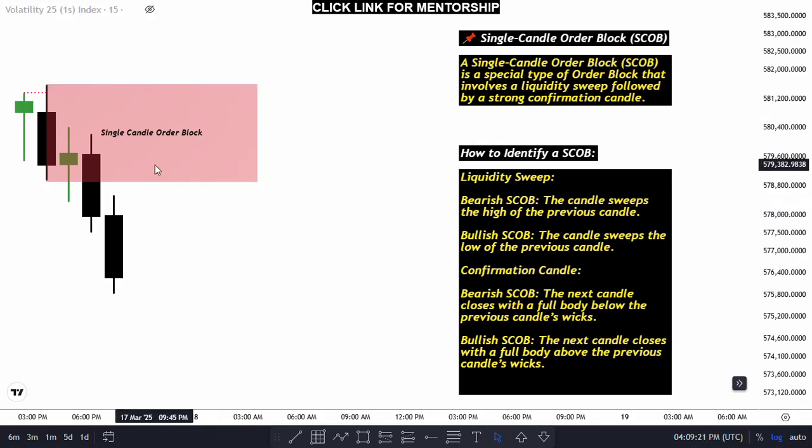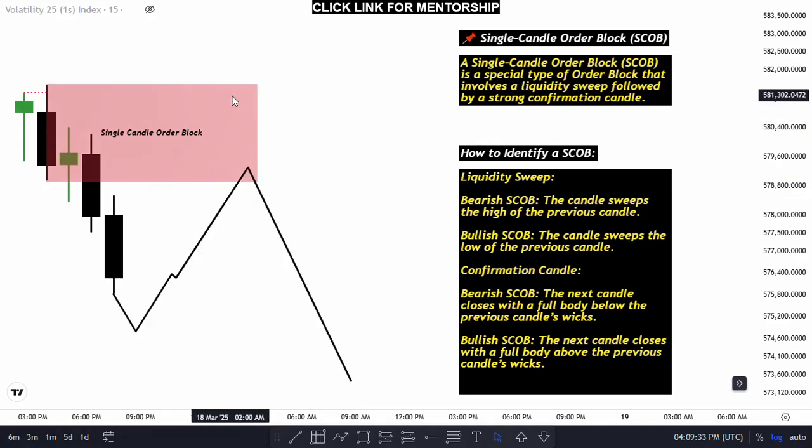In this case, this is also called a hidden point of interest because some traders find it really hard to find a single candle order block. So when price goes back into that single candle order block and you go down to your lower time frame to look for that entry setup, this is what you need to expect to happen. Okay, let's move.